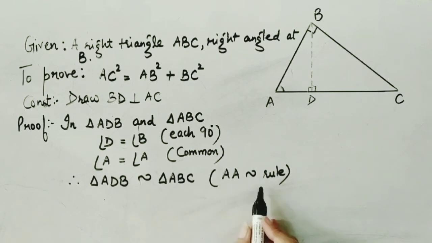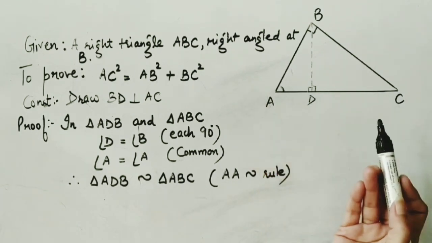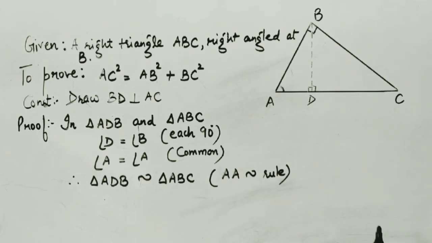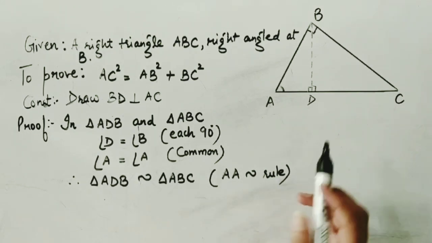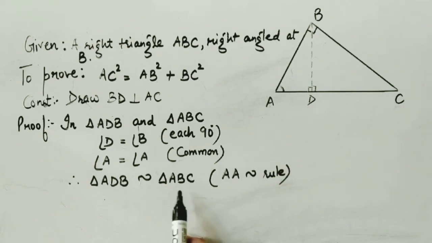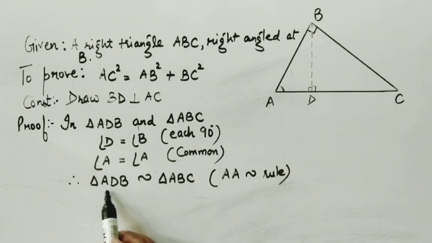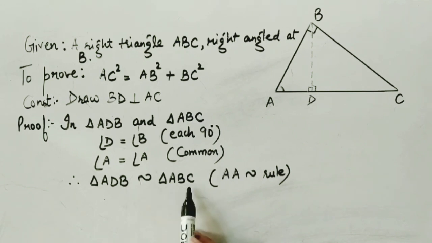Since these triangles are similar, what can we say about the corresponding sides? Let's talk about the corresponding sides. We know they must be divided in the same ratio. It's always very simple. If the similarity is correctly written symbolically, then sides can be written from the symbolic formation.